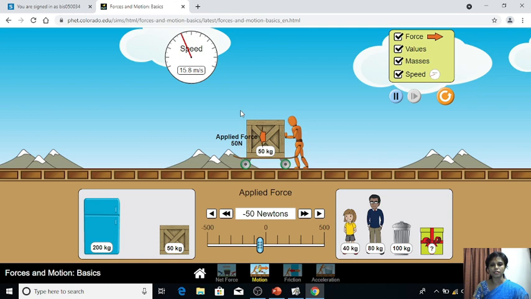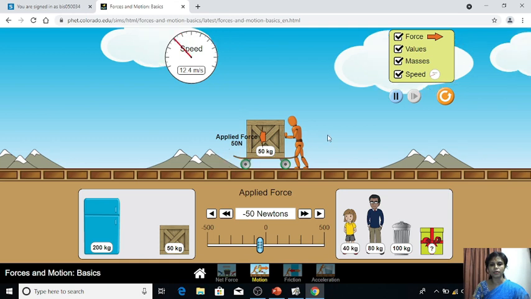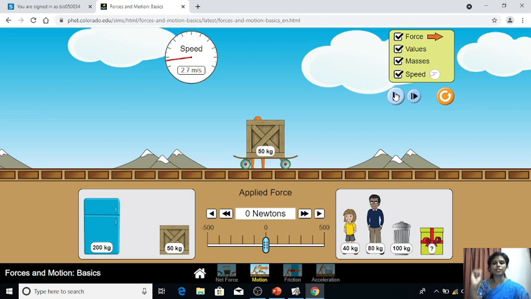It was moving towards the right hand side, but now as the force is applied from the opposite side, it has started moving in the opposite direction, right? We must have seen that the bowler bowls and the batsman hits the ball. Is it necessary that the ball will move in the same direction from which the bowler bowled? No, right? So that means force can change the direction of motion also.